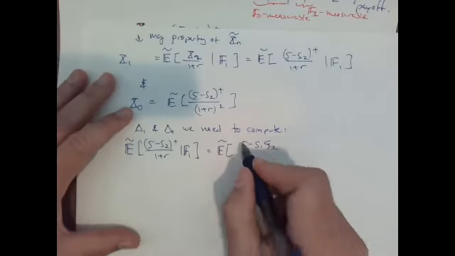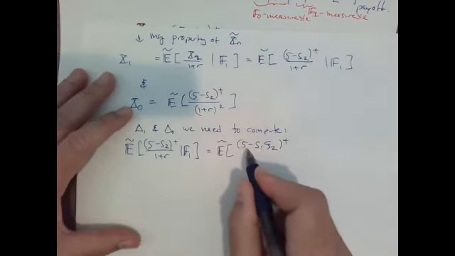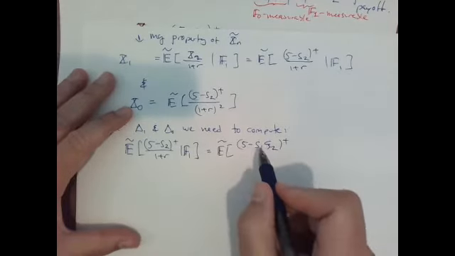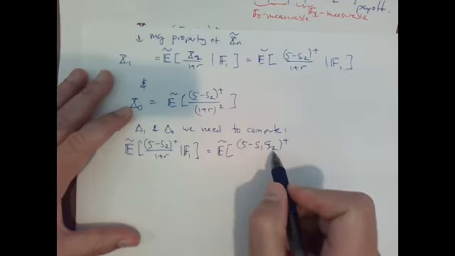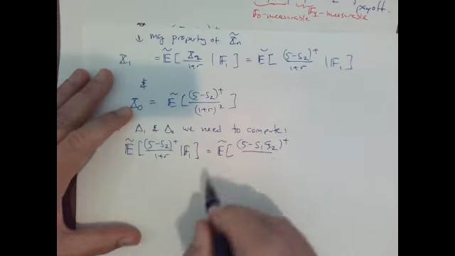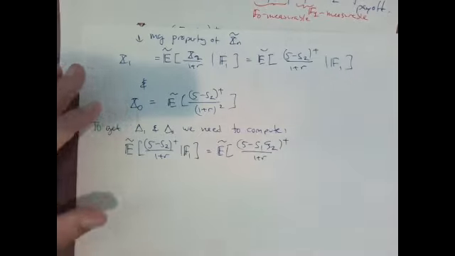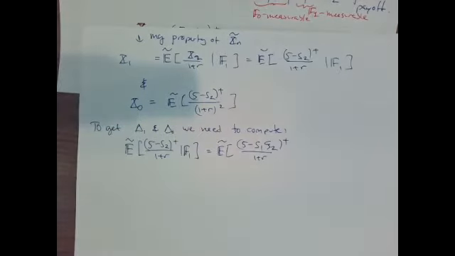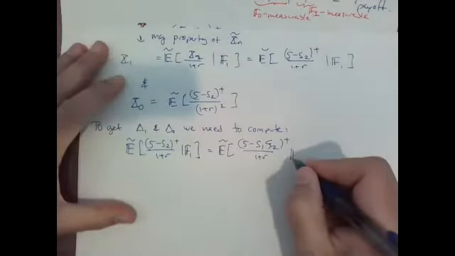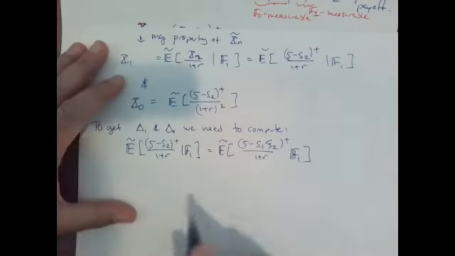This is the multiplicative binomial model we're dealing with. So S2 is given as S1 times this Bernoulli that models the second coin flip, and then we have F1 here.